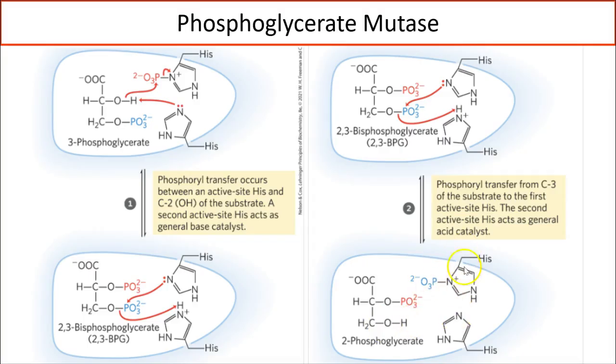And everybody is happy again because this histidine is back to its original state, and that activated histidine that had the phosphate group attached now is happy and can start this process all over again.